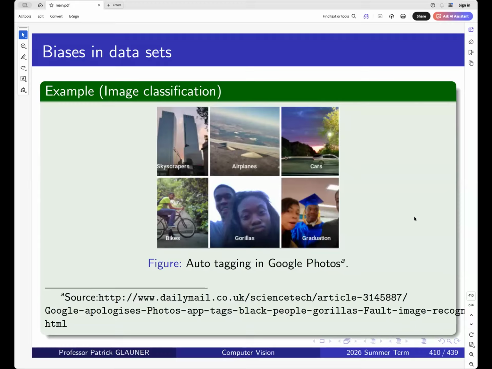So given the tasks you're working on in your projects, think about it. Someone here writes in the chat that he's aware of some problem with self-driving cars not detecting people of color and children properly. Maybe that is the case too, simply because the training data was not representative.